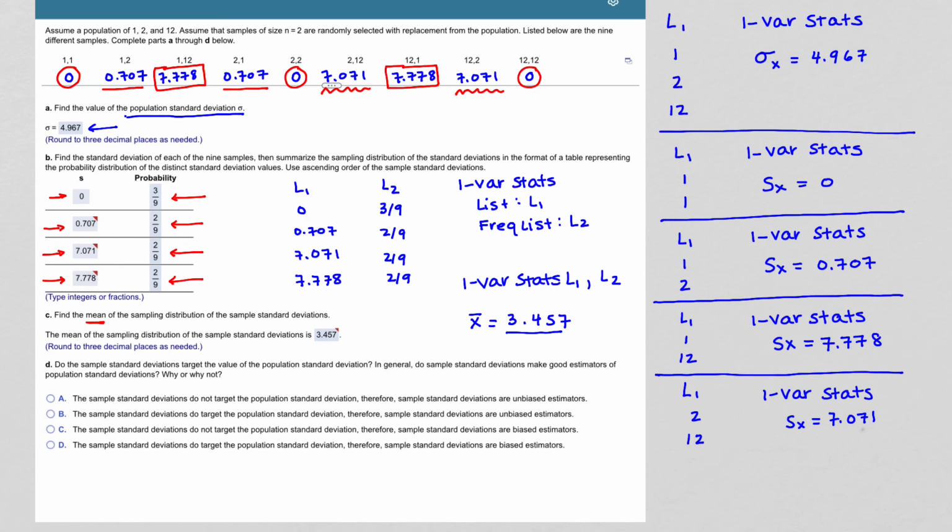So the last question, do the sample standard deviations target the value of the population standard deviation? We know that that's a no. In general, do sample standard deviations make good estimators of population standard deviations? No, they are biased.